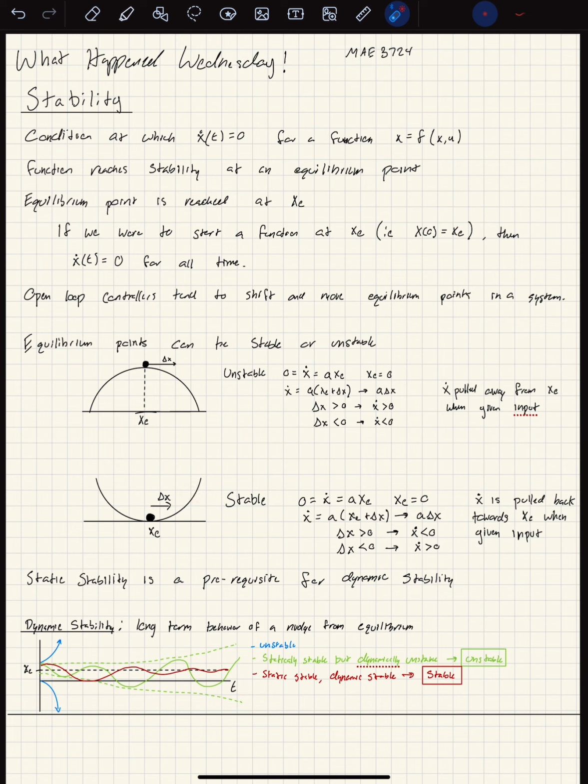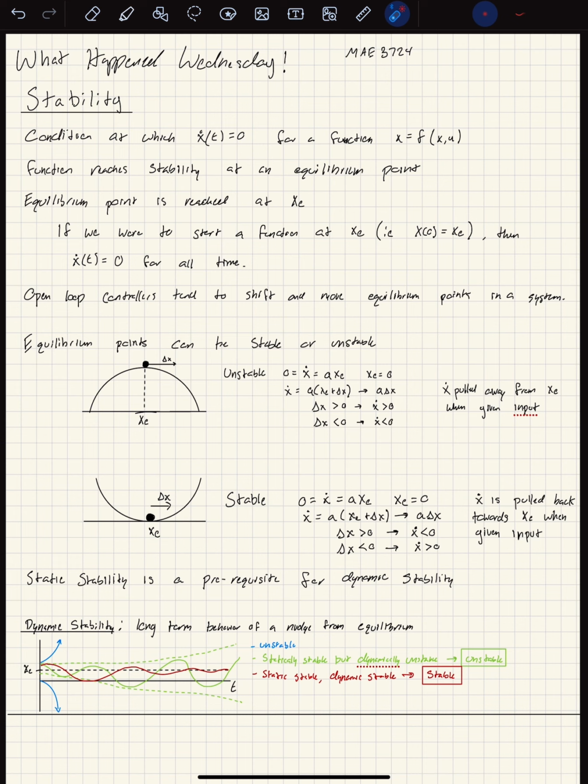Looking at the converse side, our delta x being less than 0, our x dot is going to be greater than 0, so if we give it a negative delta x, it will be pulled back towards the right, towards the equilibrium point. For stable conditions, x dot is pulled back towards the equilibrium when given any type of a delta x input.